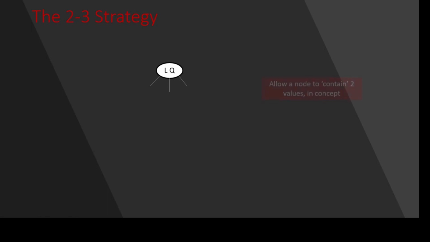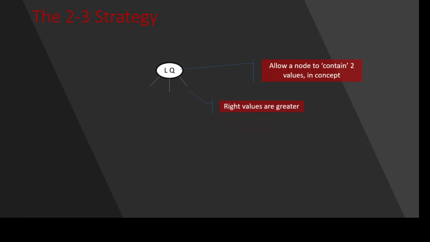It's kind of weird, but once we allow a single node to have two values, conceptually, not practically, we'll get to the implementation later, that means everything to the right is greater, everything to the left is less, but I have this notion of what are the items in between. So A is less than L, Z is greater than Q, but there are values L, M, N, O, and P that live between these two, that we can store essentially between them. So instead of having a left and a right, I conceptually have a left, right, and middle.